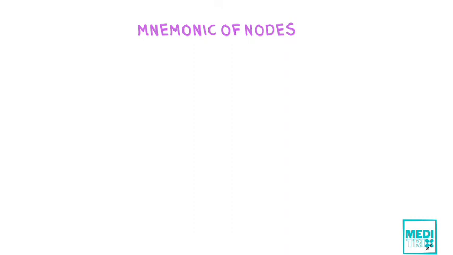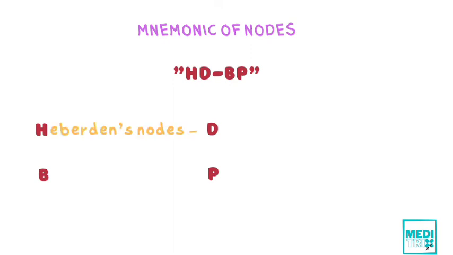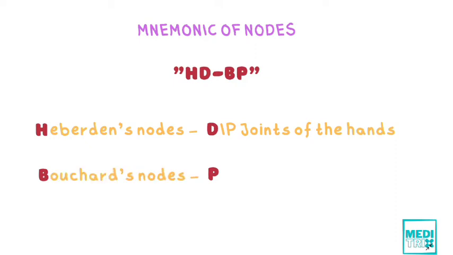There is a mnemonic on nodes, that is HDBP, where H stands for Heberden nodes, D for distal interphalangeal joint or DIP, means Heberden nodes occur in DIP joints, while B stands for Bouchard's node and P for PIP, that is proximal interphalangeal joint, means Bouchard's node occur in PIP joints.